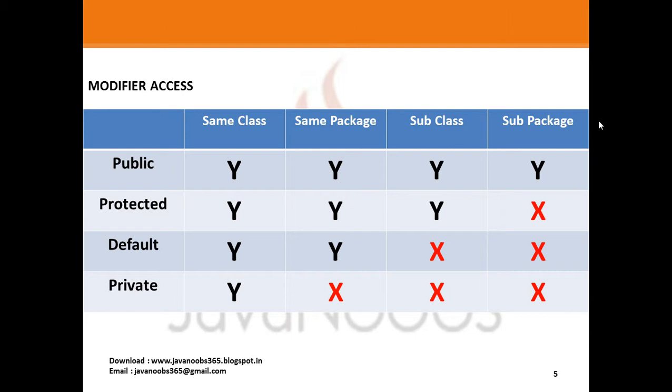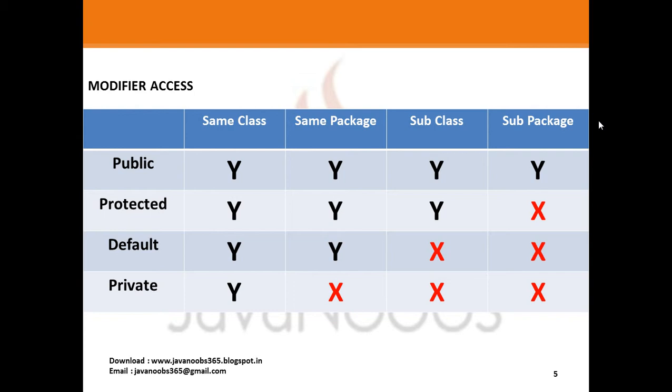The next one is protected. Protected cannot be used in a sub package, but it can be used in the same class, same package, and the subclass. The next modifier is default. It can be used only in the same class and same package, but you cannot use it in the subclass and sub package.